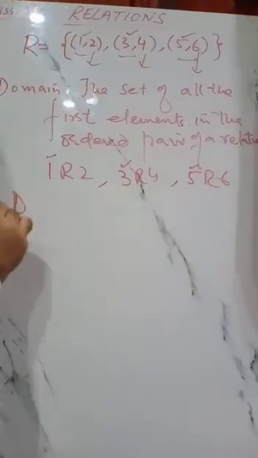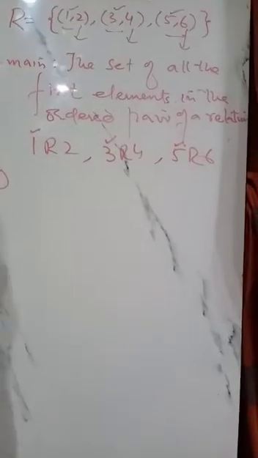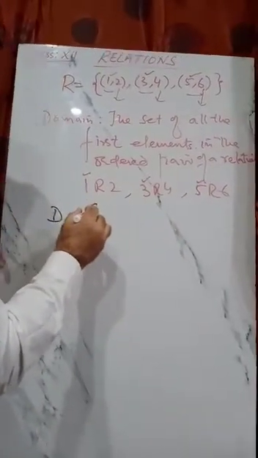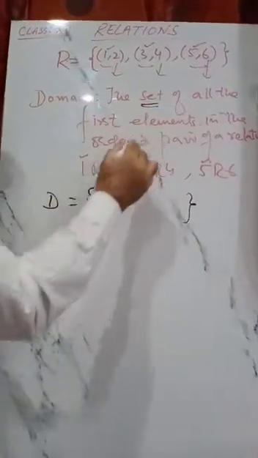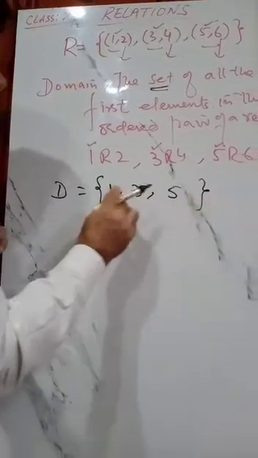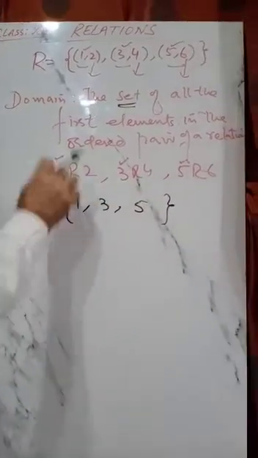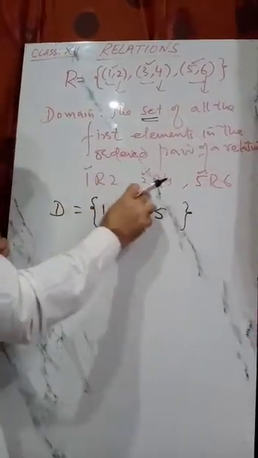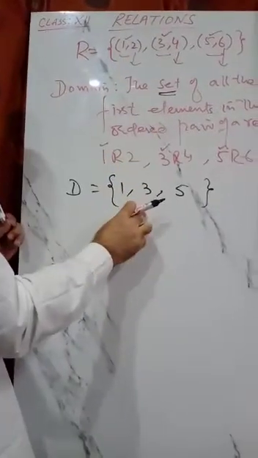So domain is equal to {1, 3, 5}, because you have to write it in curly braces, since it is the set of all the first elements. So this is the domain of the relation. Here 1, 3 and 5 are the first elements or first values of the ordered pairs of the relation.